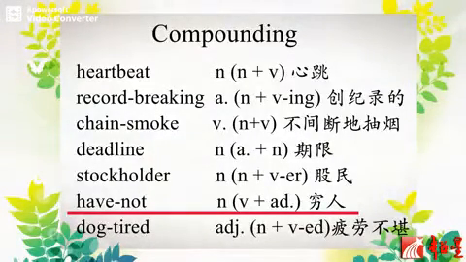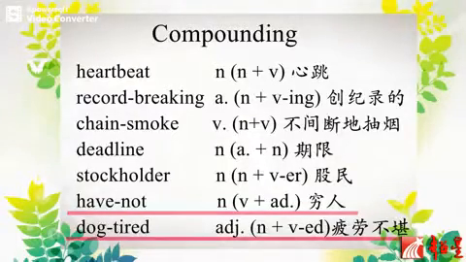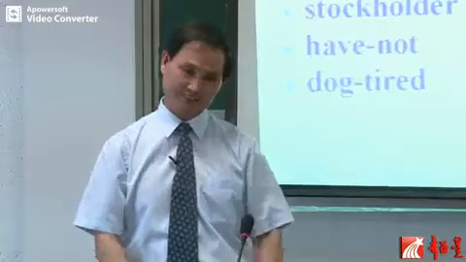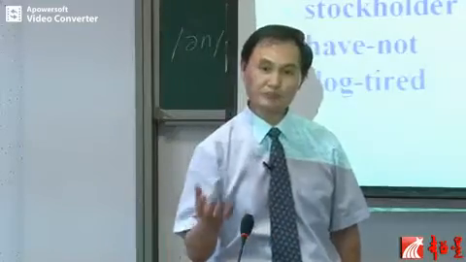Put together, it makes a new noun. You know, 穷人嘛, have-not, have nothing. And then dog-tired. Dog is a noun, tire is a verb, and then ed. It makes an adjective, right? So the part of speech of the whole word quite often is different from the parts of speech of the elements which make up the word.